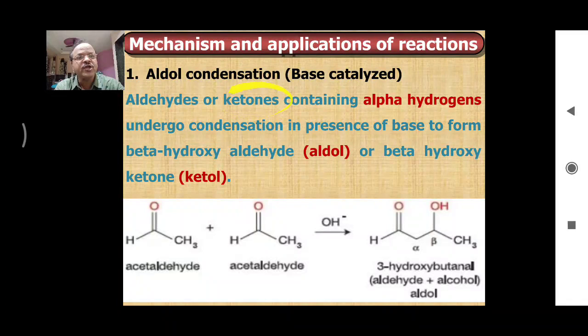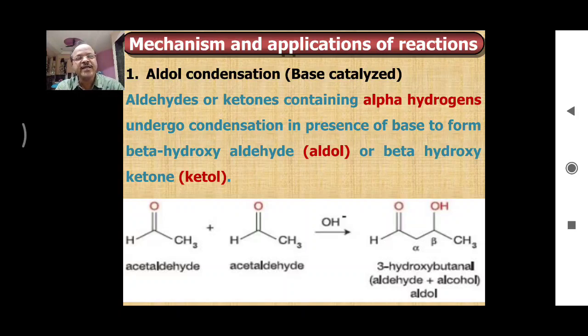If we start with ketone, two molecules of ketone undergo condensation reaction in presence of base and there is formation of beta hydroxyketone, which is called ketol. Here is the specific example: two molecules of acetaldehyde undergo condensation in presence of base to form 3-hydroxybutanal, that is, aldol is the product.